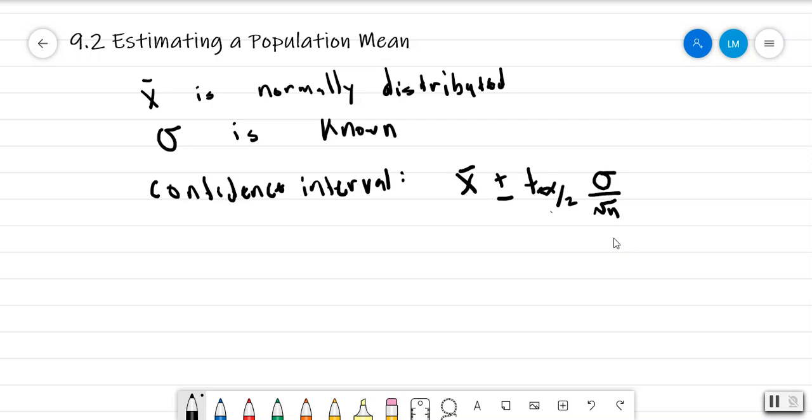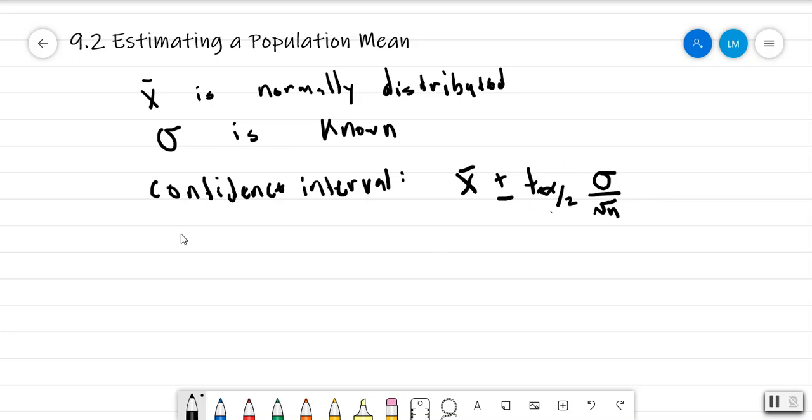Now we can tell that the margin of error is given by the product. So just keep that in mind: when you're looking for the margin of error, you're just looking for that piece.